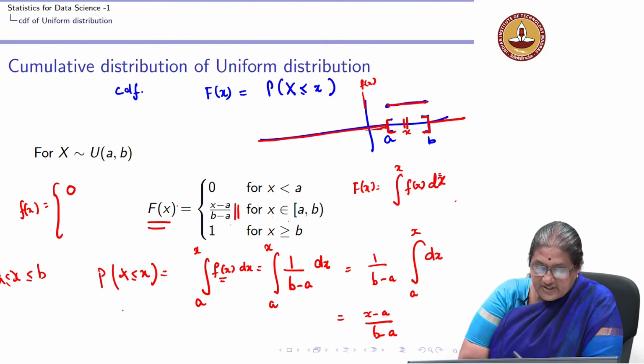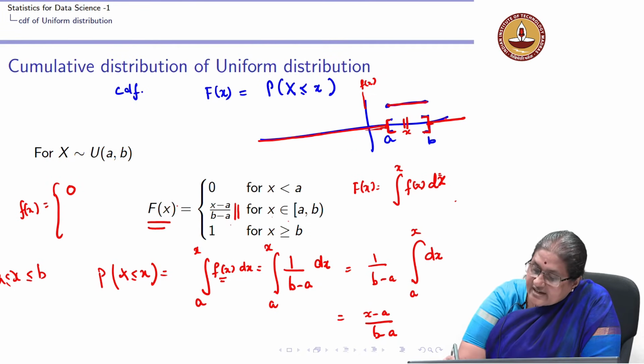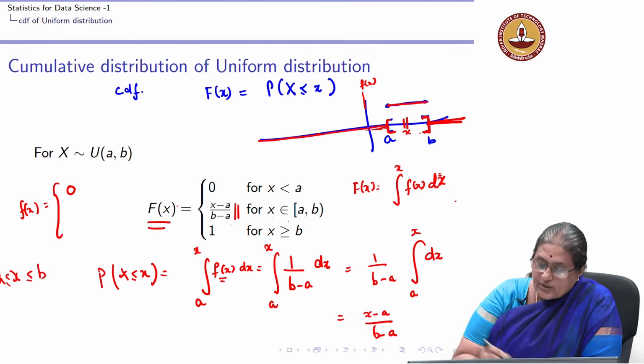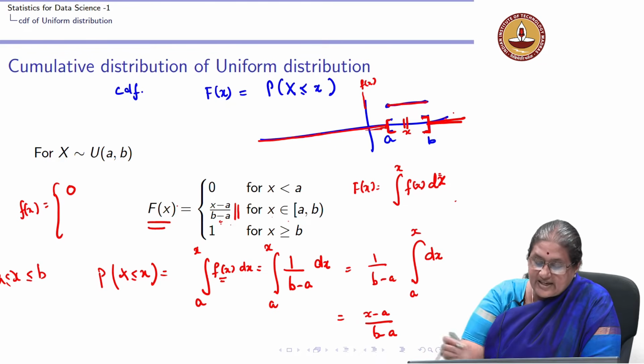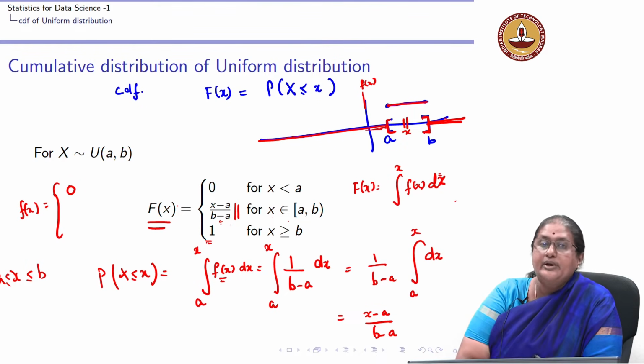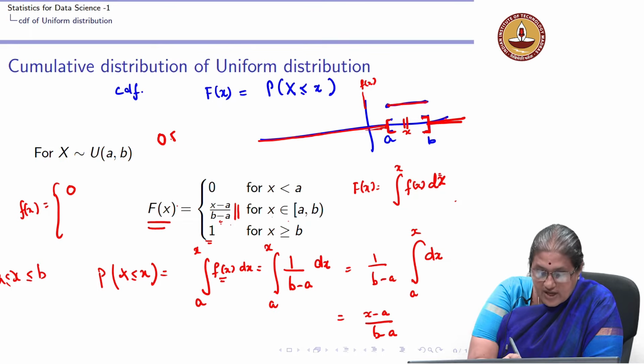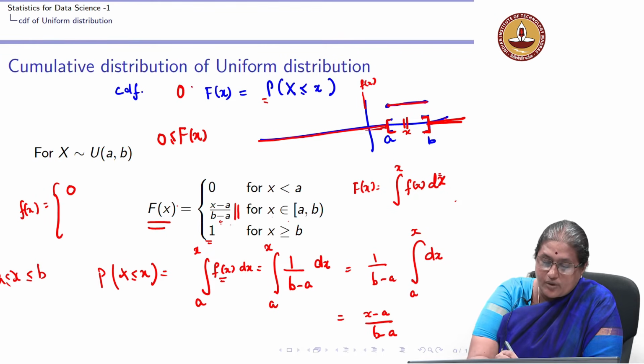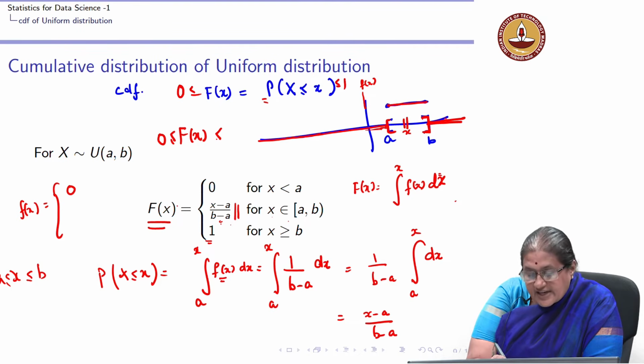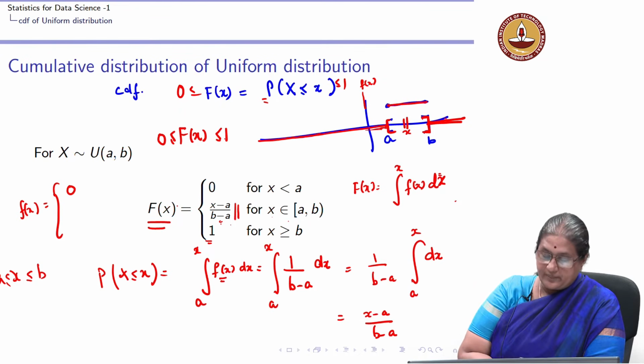Now, what happens for x here, beyond b? At x equal to b, I know F of x equal to 1. So, for any x greater than b, F of x is going to remain 1, because I know a cumulative distribution function is a probability and that lies between 0 and 1.